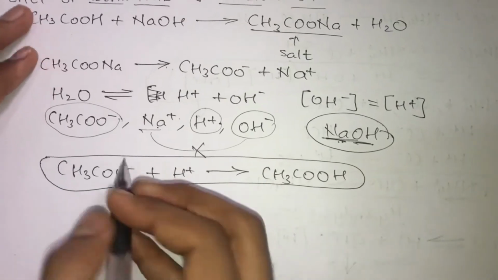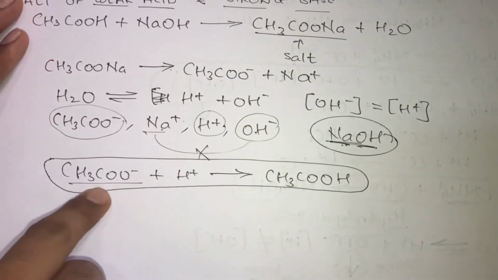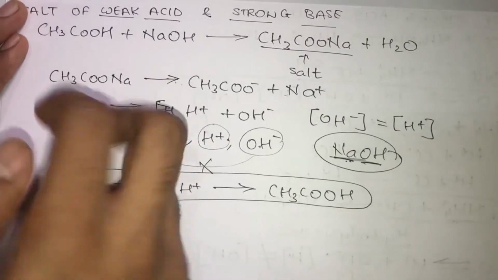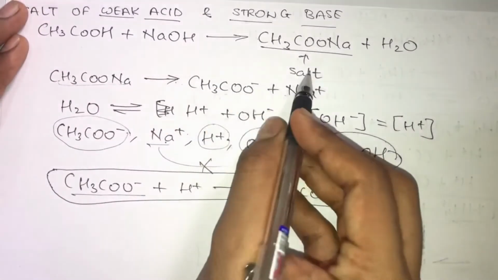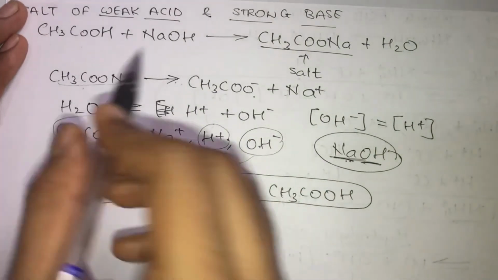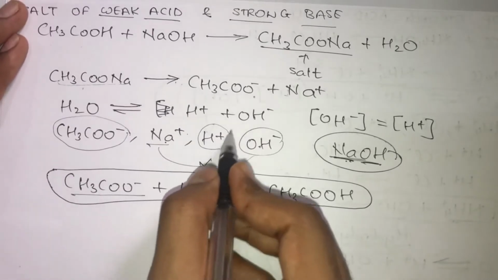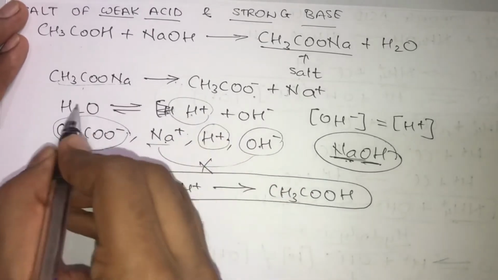And guys, can you see over here, this CH3COO minus is nothing but the ion of salt. This is our salt, am I right? So this CH3COO minus is an ion of salt, and this H plus is nothing but the ion of water.